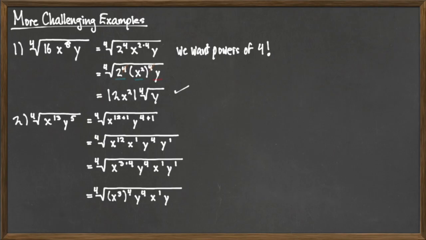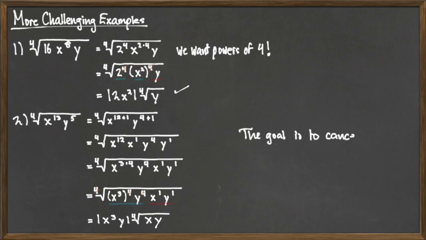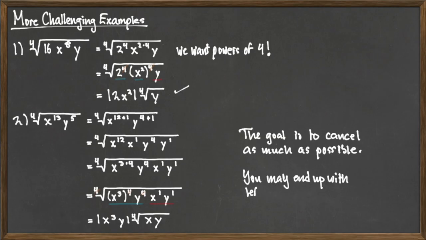This allows me to take that x to the 3rd to the 4th and that y to the 4th and break them out of the radical. Because I have an even power, I get the absolute value of x cubed times y times the fourth root of x times y. So this is the strategy that I need to use when I have exponents that are not multiples of the index.